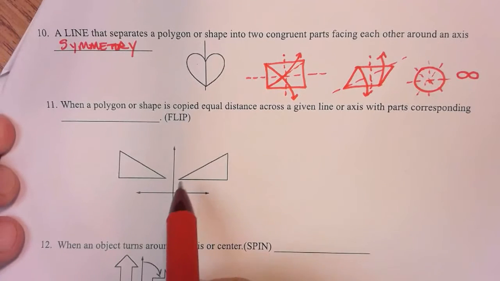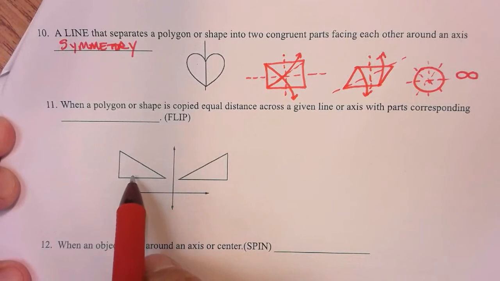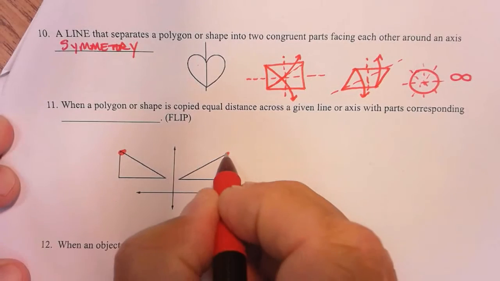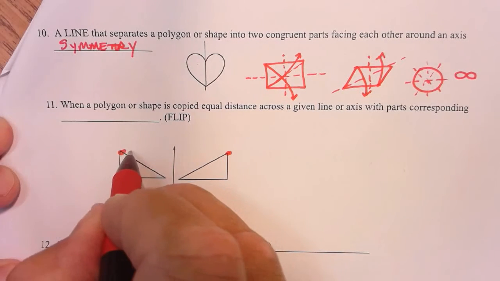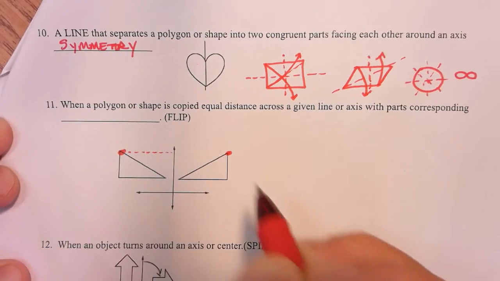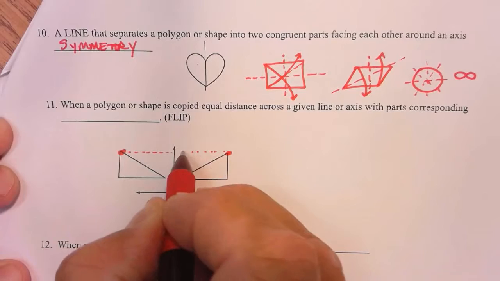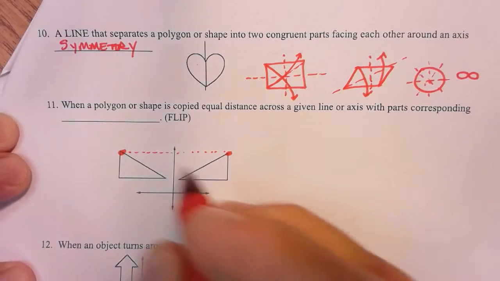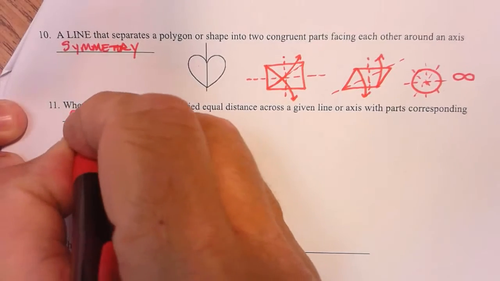Now, if you have a shape that has been flipped along an axis, and for example, the parts are corresponding, that's what this is talking about. In other words, the distance to this axis and the distance to this axis, if they are exactly the same, this is called a reflection.